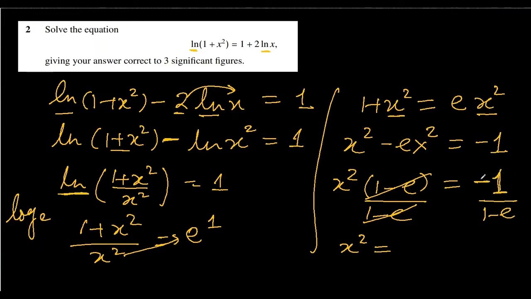So let's change the sign of all of them. How? Multiply the numerator by minus 1, multiply the denominator also by minus 1, so that makes no difference. So it will become positive 1 divided by e minus 1. They exchange their places. E becomes positive, 1 became negative. And now we can square root easily.